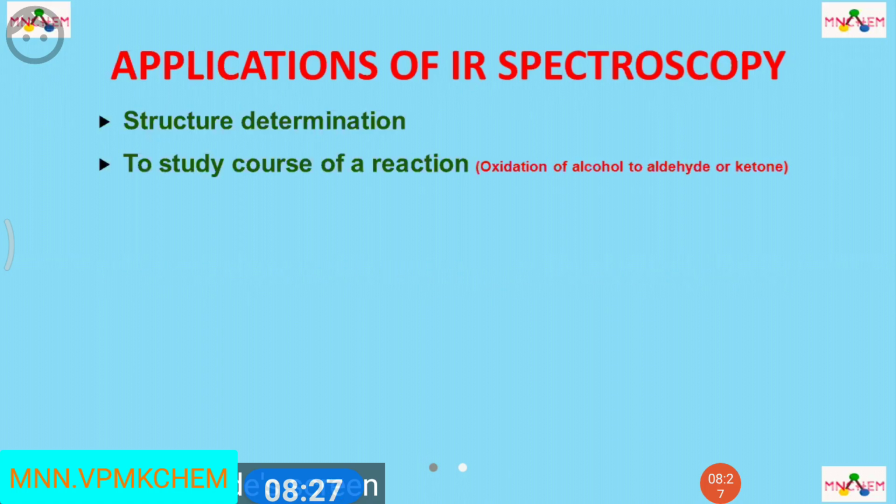IR spectroscopy is used to study the course of a reaction. For example, if we are doing the oxidation of an alcohol, it can result in the formation of an aldehyde or ketone, depending upon the type of alcohol, primary or secondary. Alcohols absorb at 3300 to 3500 per centimeter, and aldehydes and ketones absorb in the region of 1700.